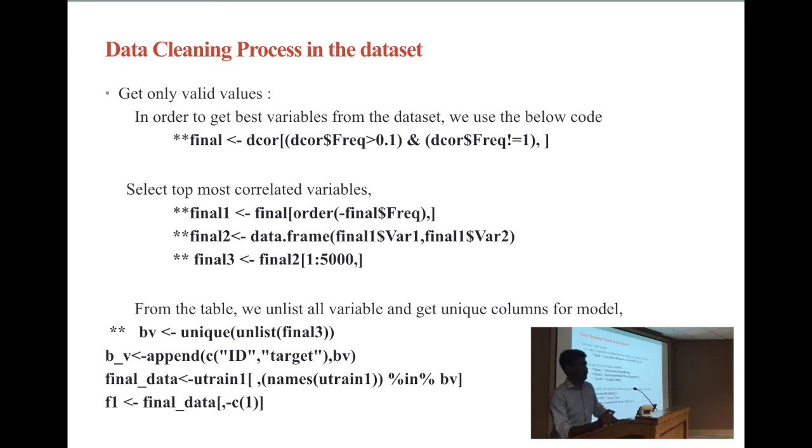I unlist all the variables, bring everything into one column, and then remove all duplicate values, getting only the unique values. So now I have around 500 variables from the initial 4,900 variables.